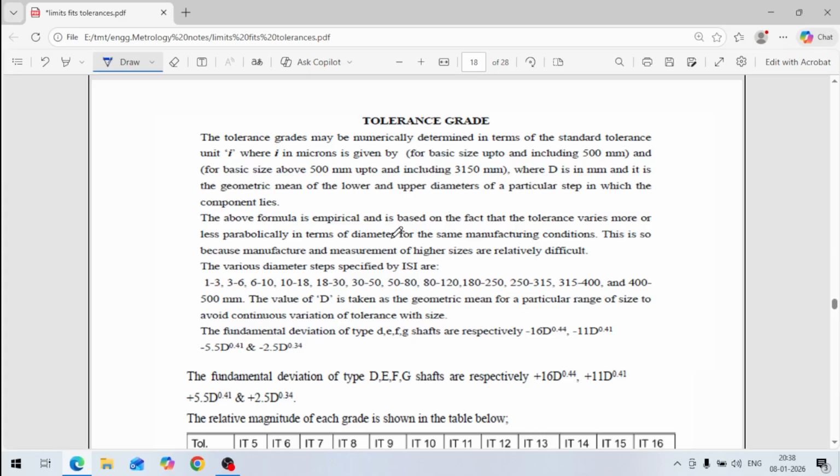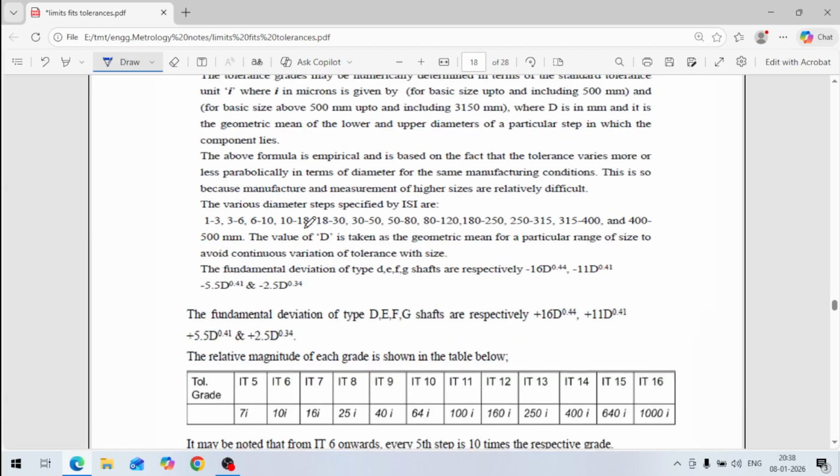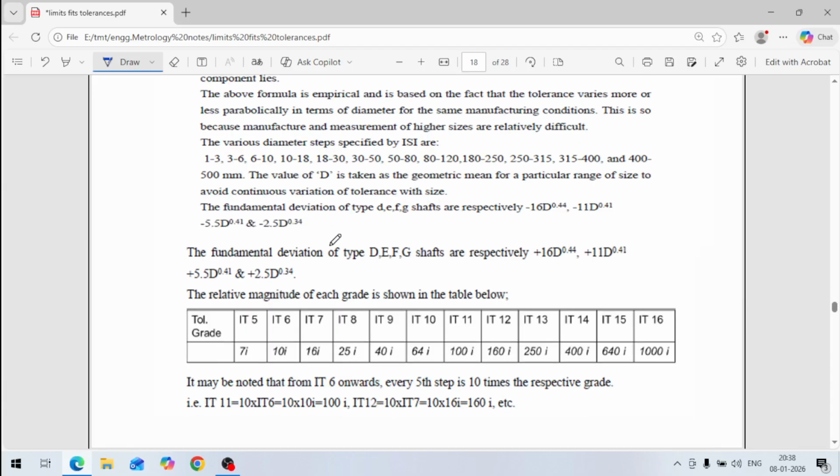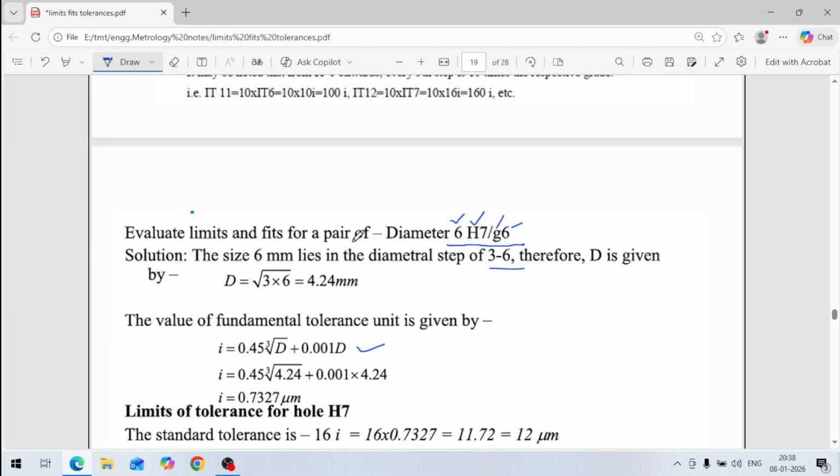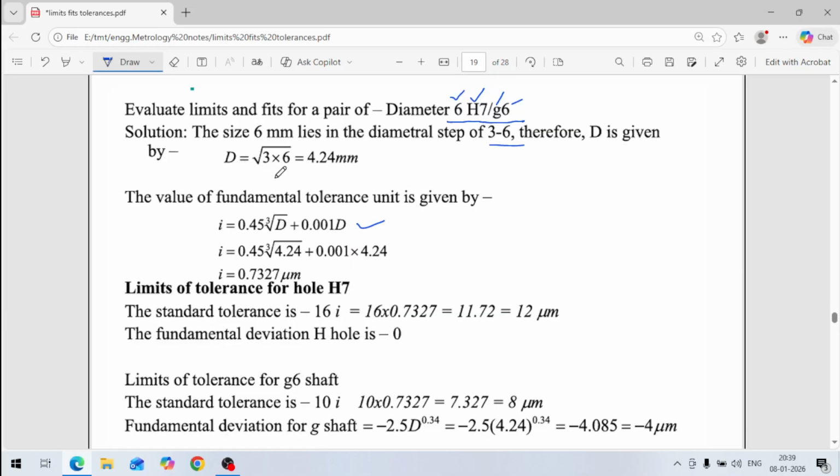And D we have to calculate by geometric mean, like this. So here, this D is the square root of 3 into 6, it becomes 4.24 mm.